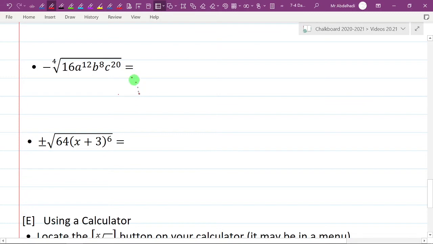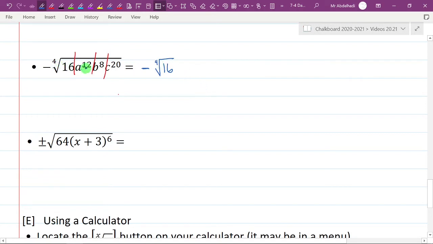So what do you do? Well, you're going to chop this up. Chop, chop, chop. And now what are you going to get? Well, that negative that's out there, you're just going to copy it because it's just going to be sitting out there like a spectator. Then you got the 4th root of 16, so make sure you put a 4 on this root.